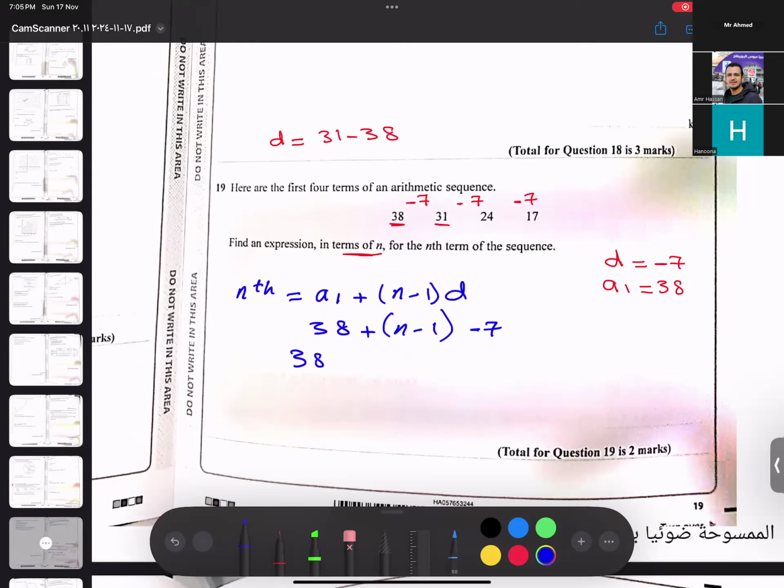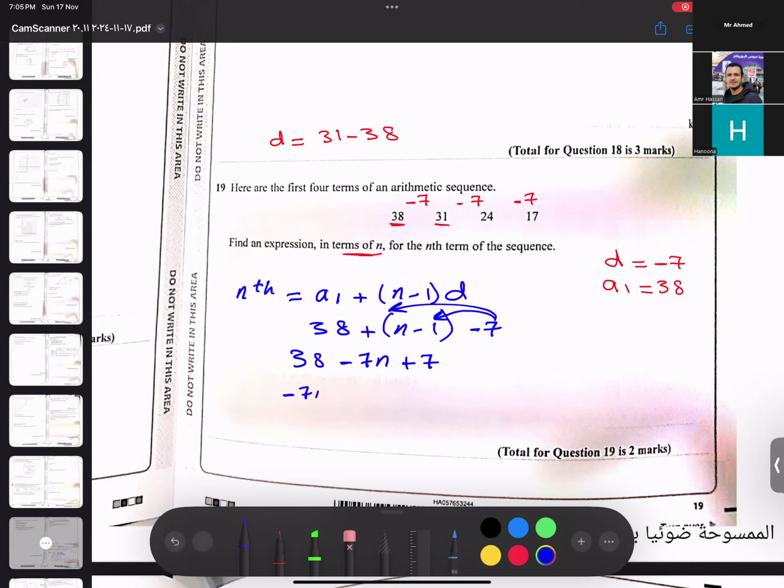I need to distribute it, right? You mean minus 7n, plus 7. No, wait, hold on.